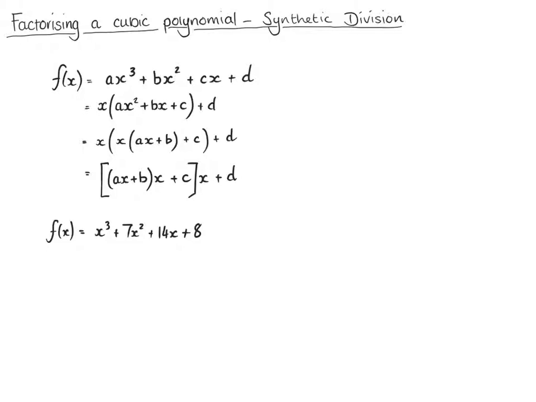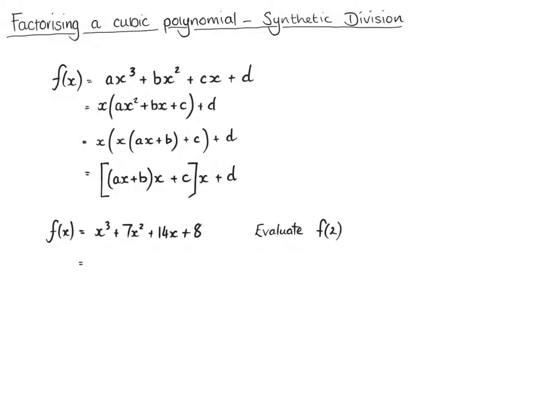And in this case, we're going to be asked to evaluate f of 2. Okay, so this is not saying that we're factorising yet. It's just saying that we've got to find what f of 2 is. We could do 2 cubed plus 7 times 2 squared plus 14 times 2 plus 8. Or we can put it into this nested form that we've got above.